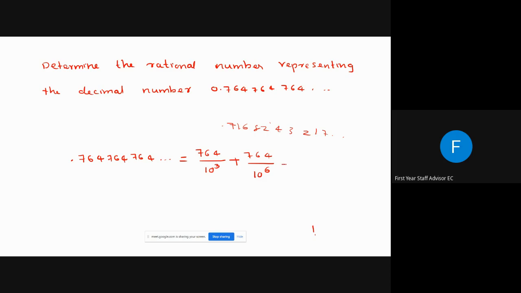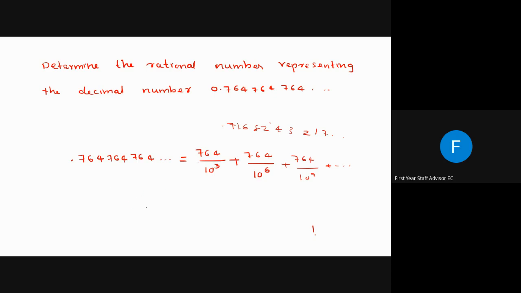Then 764 divided by 10 raised to 9 plus, etc. We can write like this: 0.764 repeated many times, infinity times. That means we can write it in the form of a rational number, p by q form. 764 divided by 10 raised to 3, because 764 is continuing.